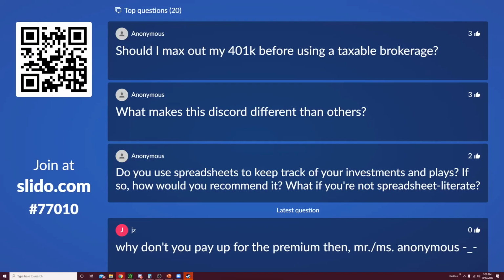So if they're matching 5%, then you put in at least 5%. This much is for sure, because it's free money. But your question is about maxing it out. I think that depends on your risk tolerance and what your goal is for the money. If you're trying to afford a house in the next 3 to 5 years, maybe the 401k isn't as good because you won't be able to tap into it until retirement. So that's something you have to judge on your own.